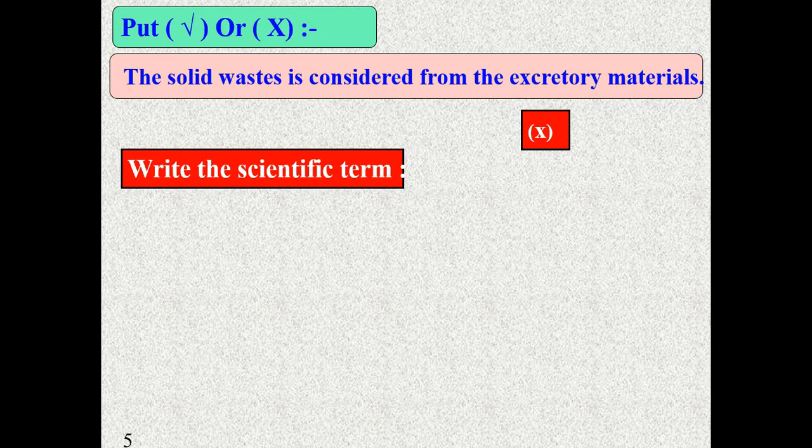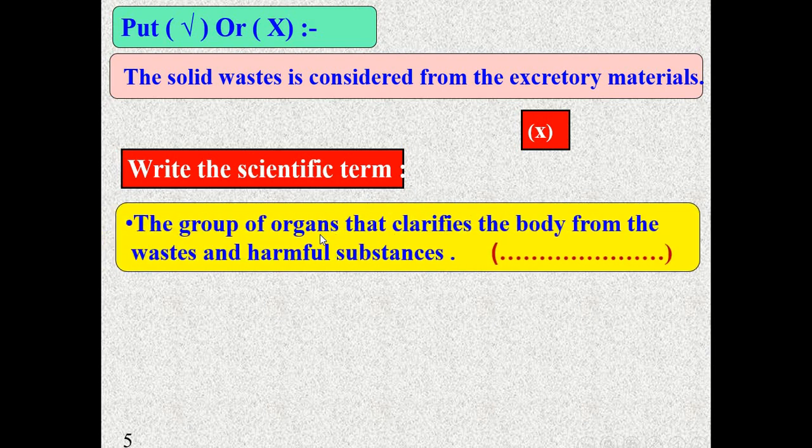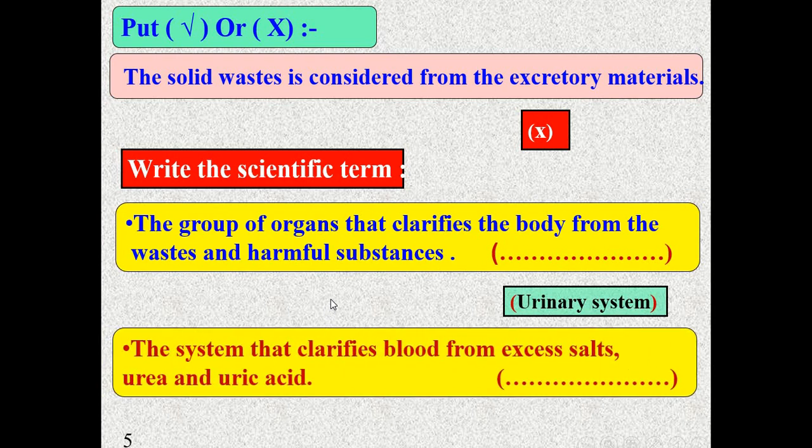And the excretory materials are three groups: nitrogenous waste, carbon dioxide and water vapor, and excess water and excess salt. Write the scientific term: a group of organs that clarify the body from wastes and harmful substances. They are the urinary system.